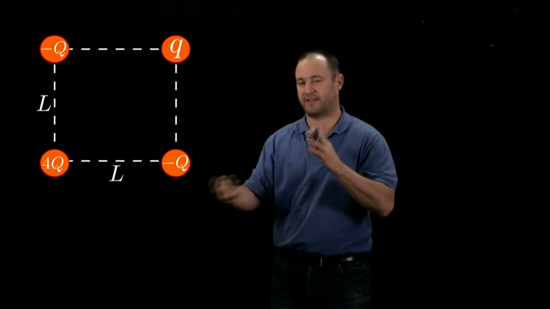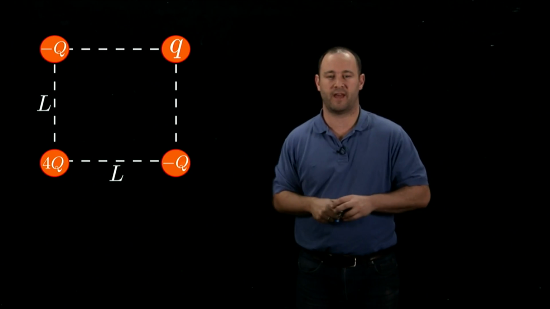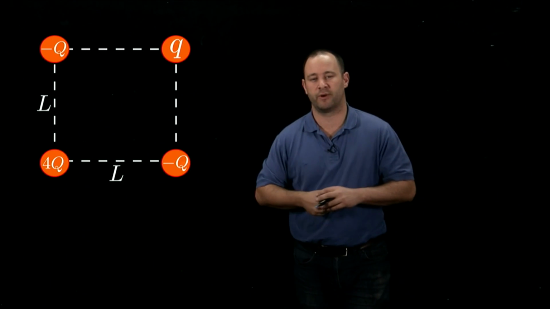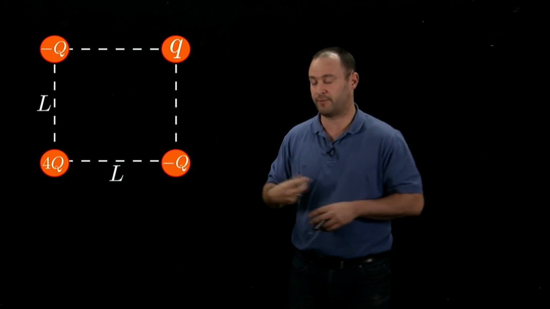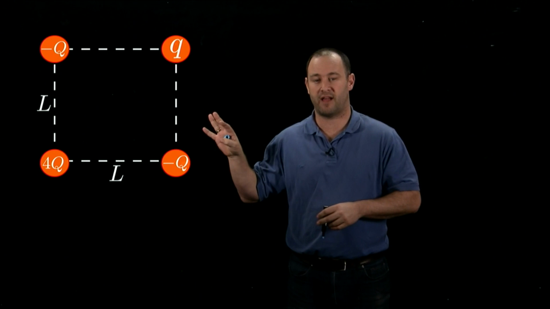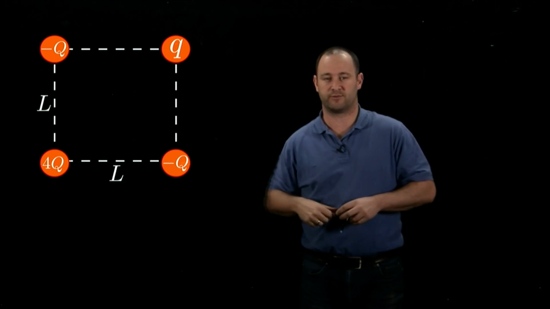So we want to calculate the force on this q from all of the other ones. Because we can sum the forces, we can calculate from just a single charge and then sum the forces from all of the other ones as we go.